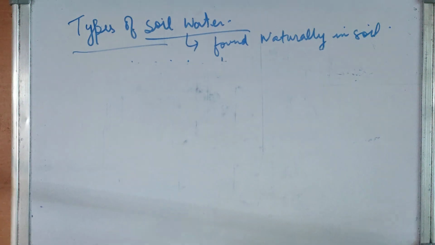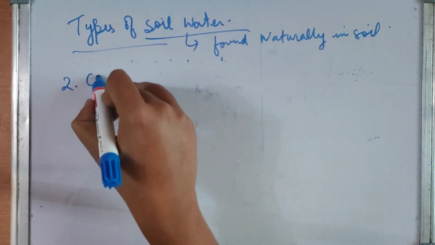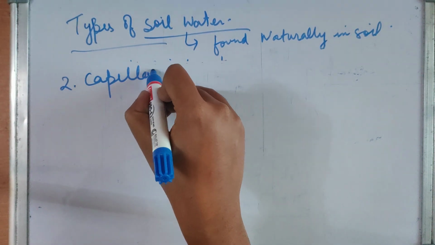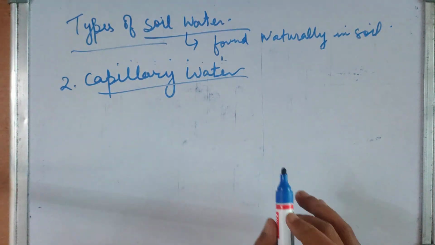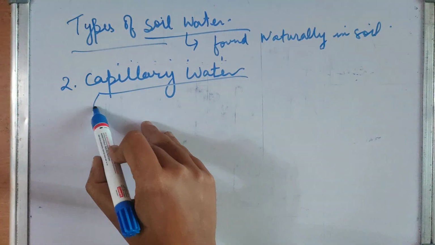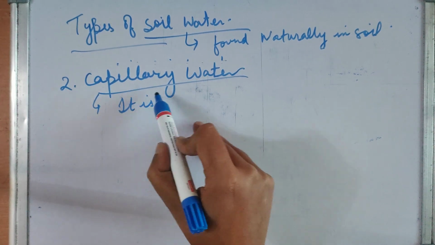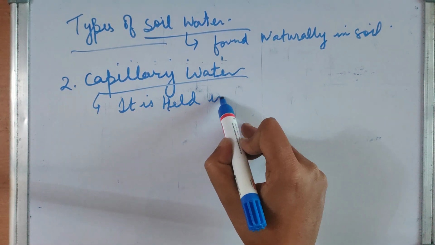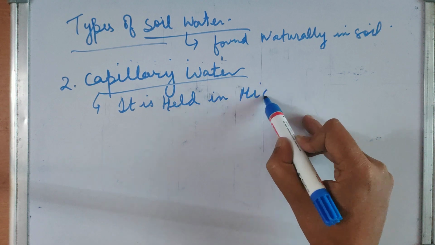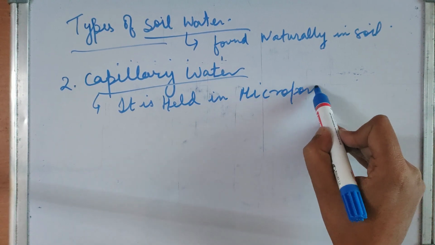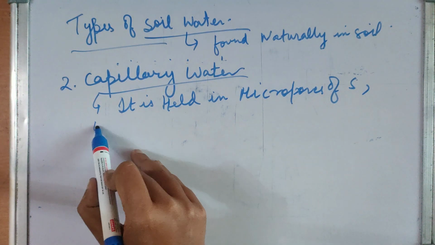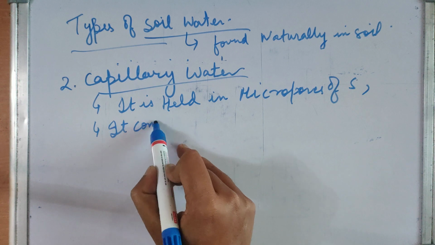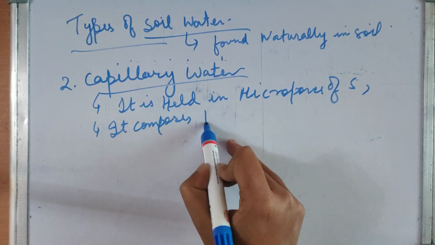Second one is capillary water. It is held in the micropores of soil, and it is the water that composes the soil solution.